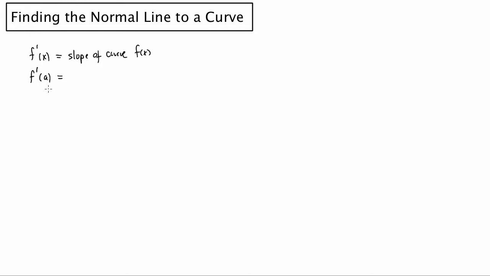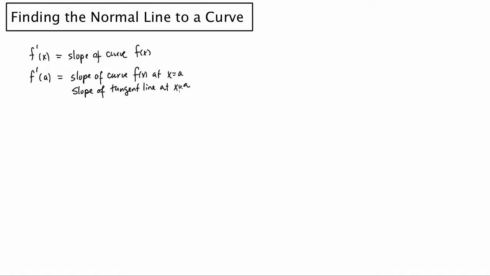If I evaluate the derivative at the point a, I think of this as the slope of the curve f of x at x equal to a, but the better geometric interpretation is that it's the slope of the tangent line at x equal to a.